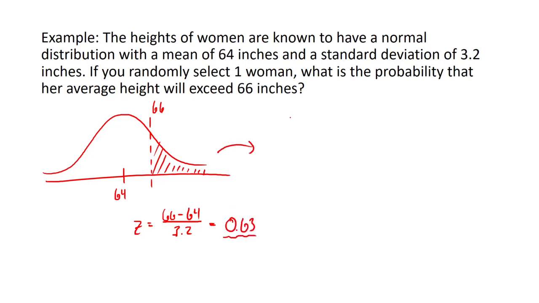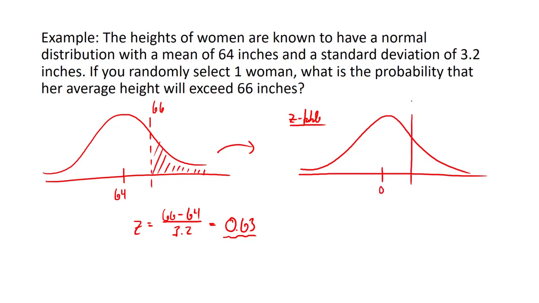So what do we do with that z-score? We take it to the z-table. And we look up 0.63 on the z-table. If you look up 0.63, what's the probability of being below that? 0.7357.